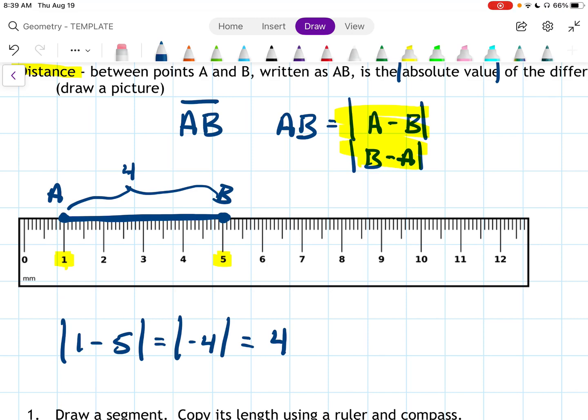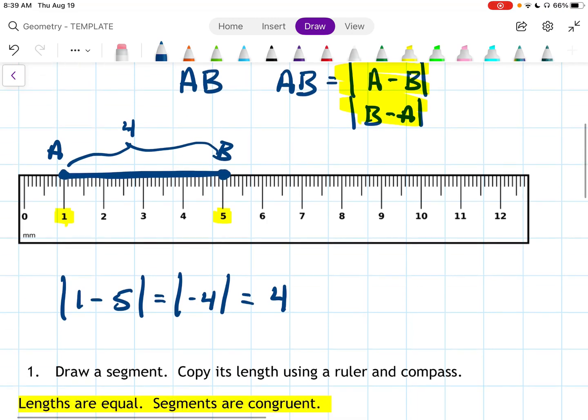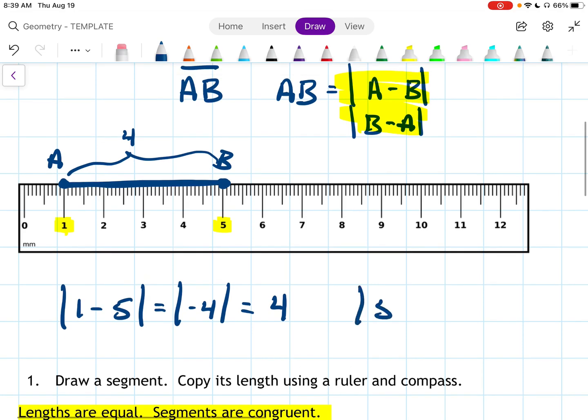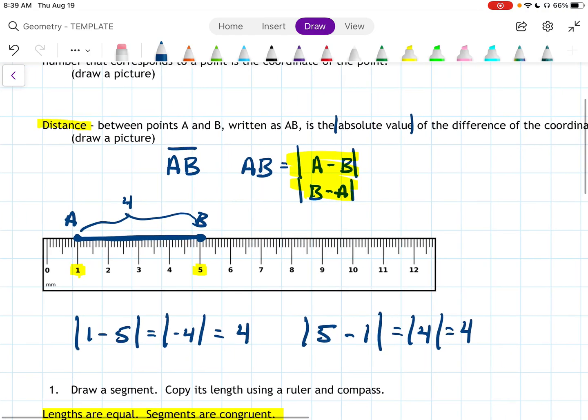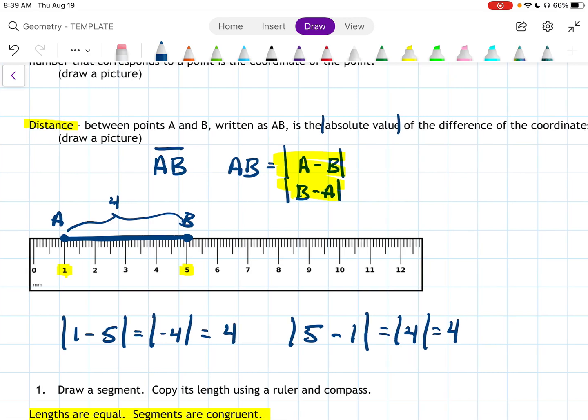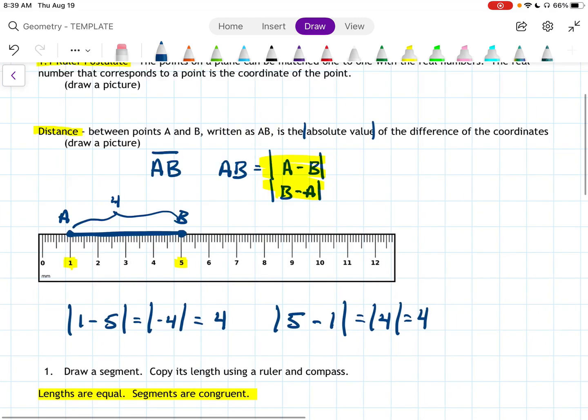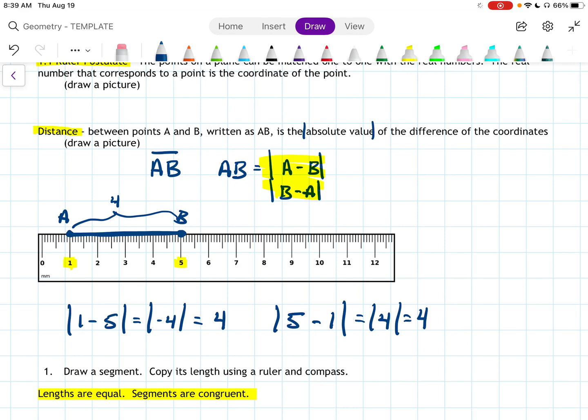And normally, if we're doing it in our heads, we're probably going to do it the other way around. We'll say this is the same thing as saying the absolute value of 5 minus 1, which is the absolute value of 4, which is plain old 4. So really, distance is something that we already know, but we're saying it in very specific terms here.